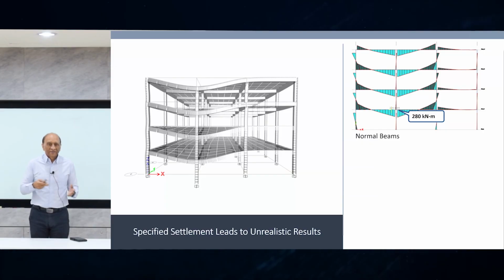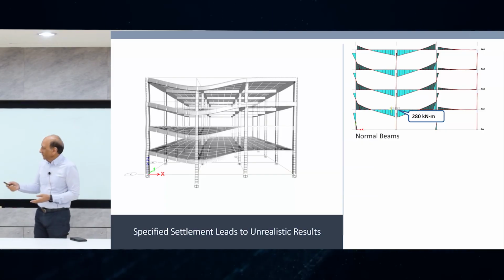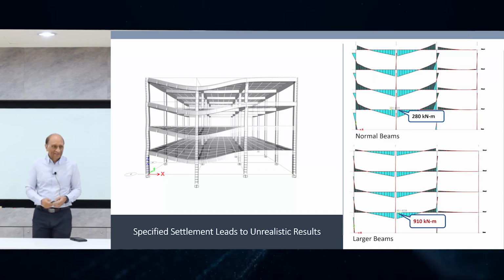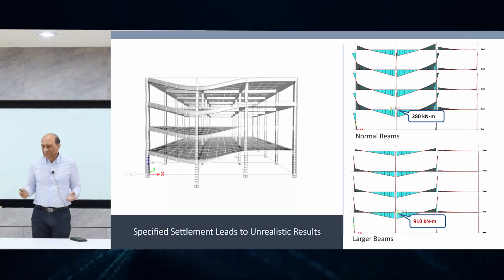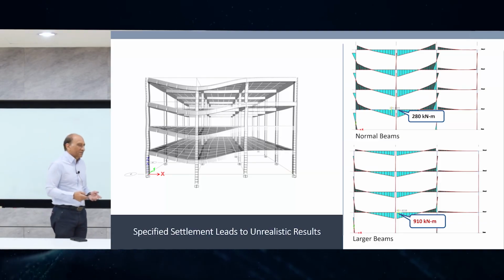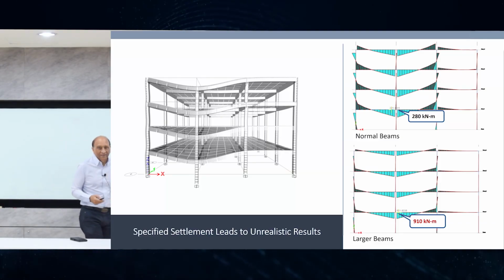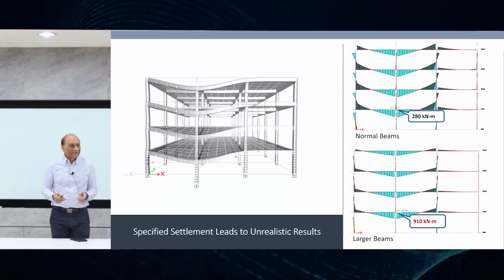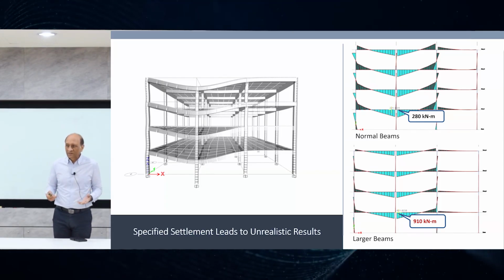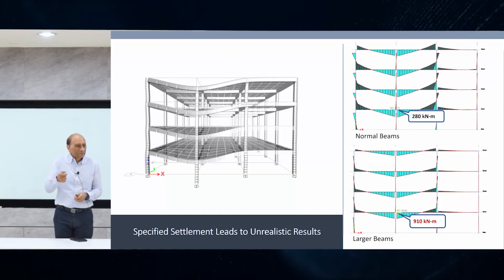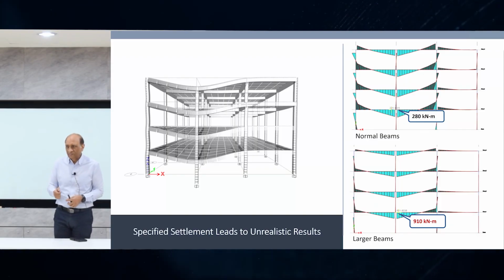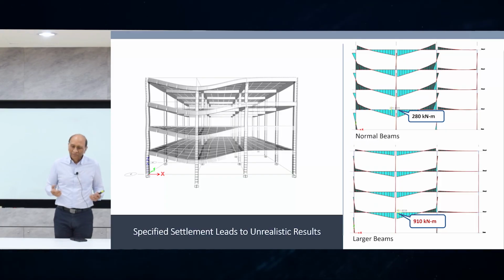So I increased the beam size, because I can't design this beam for 280 kilonewton meter. And as you know, stiffness and deformation are related. So when I increased the size, the moment became 910. It didn't help at all, because the moment I increased the size to design for that 280, the moment became 910, because the beam is too stiff. If you do the same 1 inch deformation, it will now generate a much larger bending moment because of the stiffness.